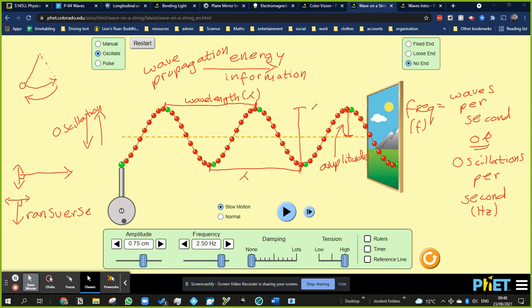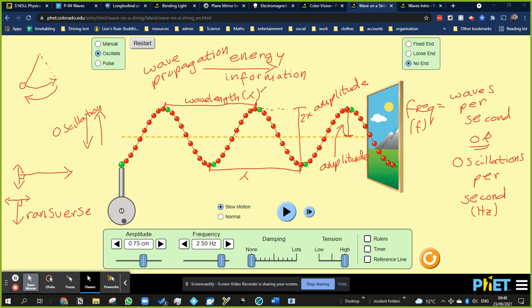However, if you do measure it from the bottom to the top, that would be 2 times the amplitude. So if that's the only measurement you had, then the bottom to the top would be 2 times the amplitude.